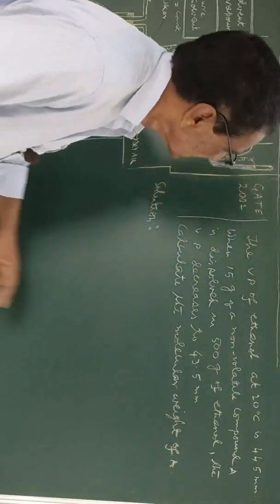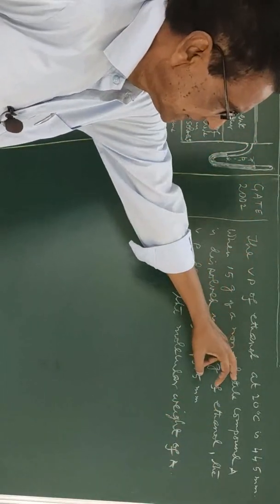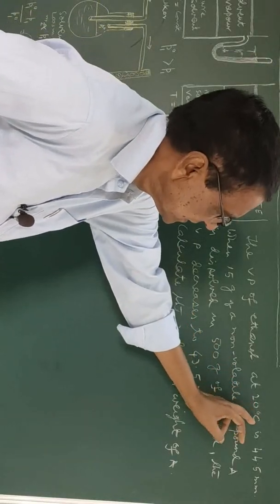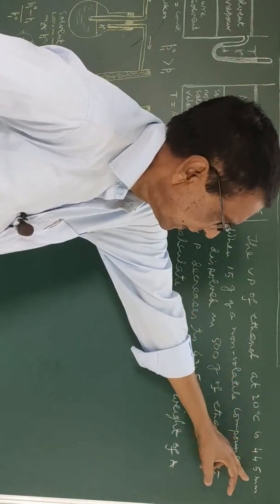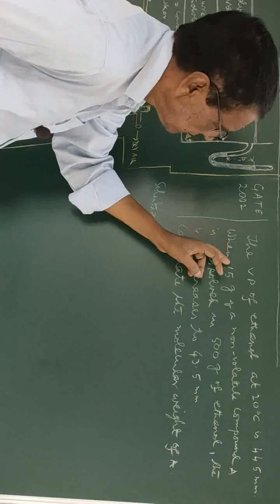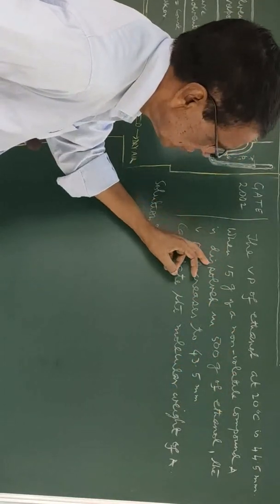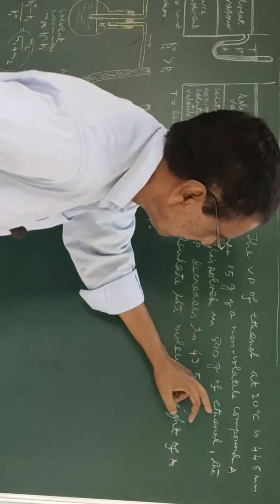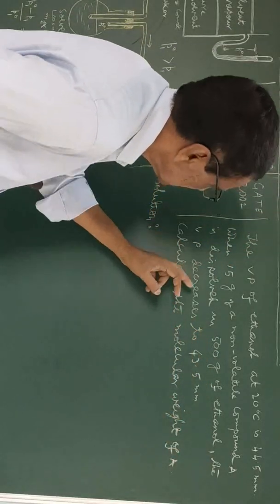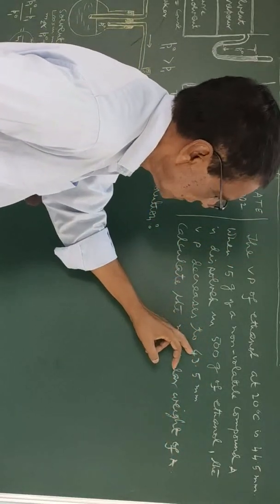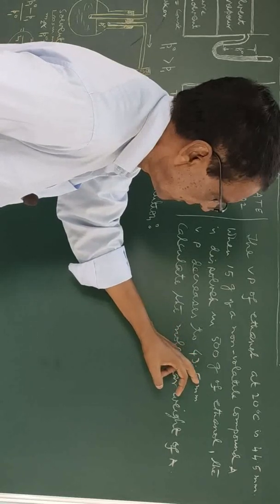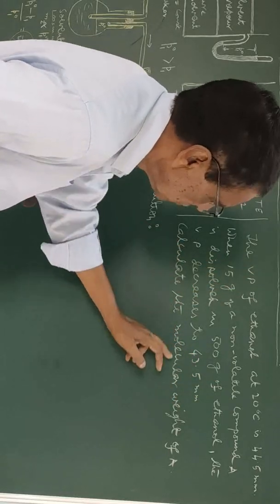The vapor pressure of ethanol at 20 degrees centigrade is 44.5 millimeter. When 15 gram of a non-volatile compound A is dissolved in 500 gram of ethanol, the vapor pressure decreases to 43.5 millimeter. Calculate the molecular weight of A.